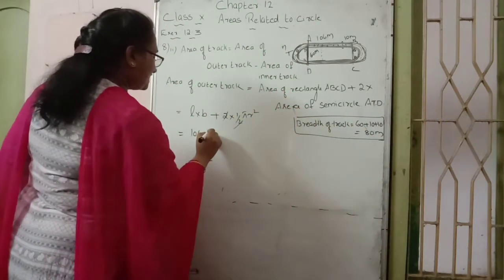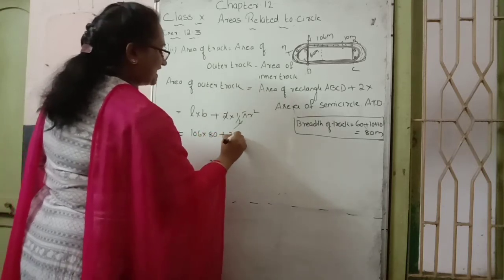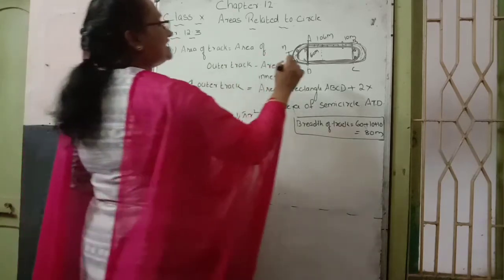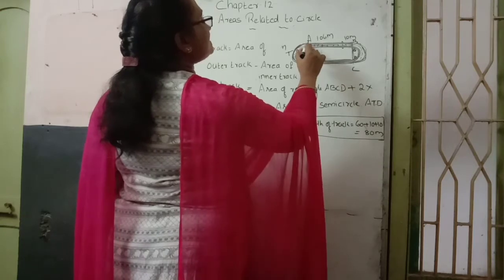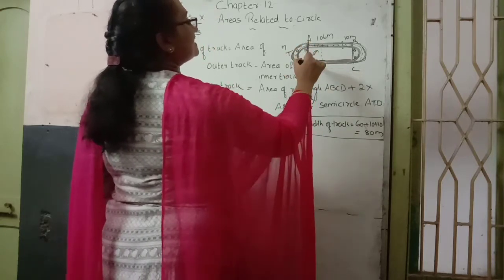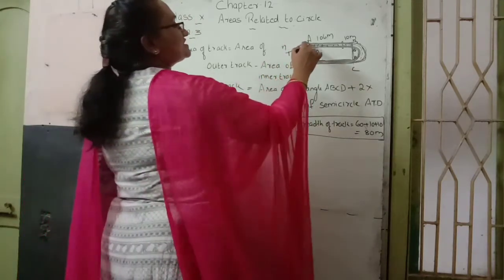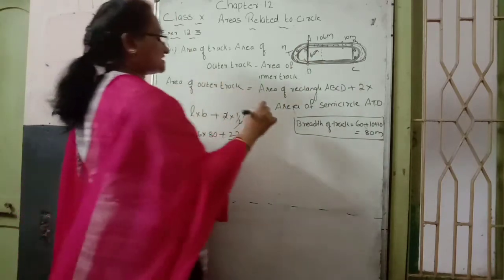So for the breadth we can substitute 80, plus pi, 22 by 7, into the radius. Radius means the radius of the semicircle. ATD is our semicircle, and AD represents the diameter of that semicircle.